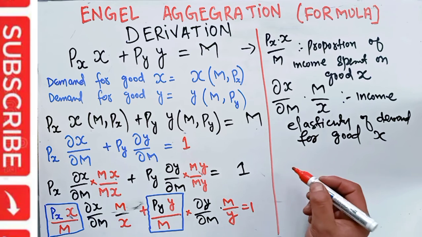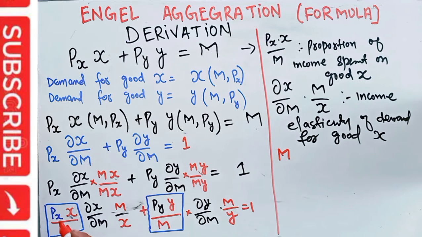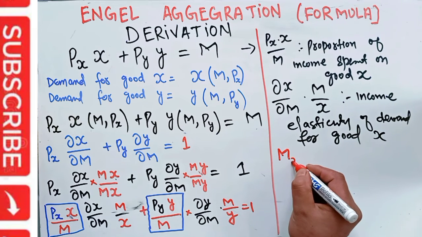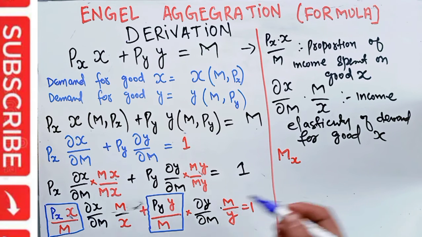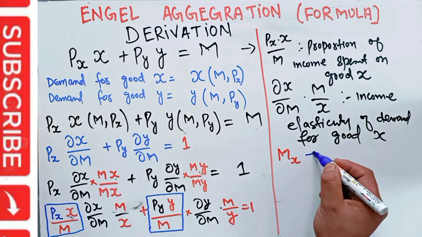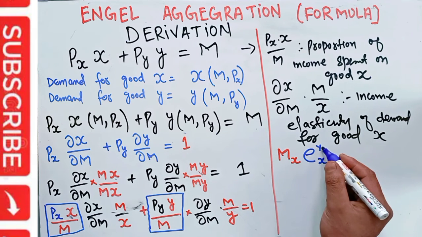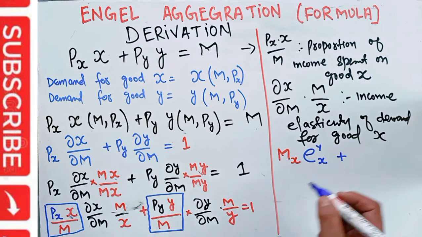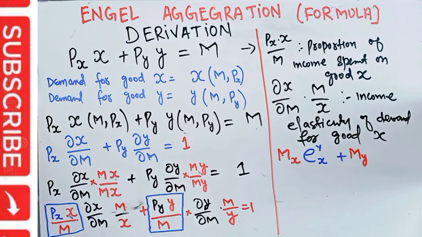So if I write it in this fashion, let us denote this term by m subscript x, that is the proportion of income that the person is spending on good X, times the income elasticity of good X, e with respect to x, plus m subscript y, which shows the share of income that is spent on good Y, times the income elasticity of good Y, is equal to 1.